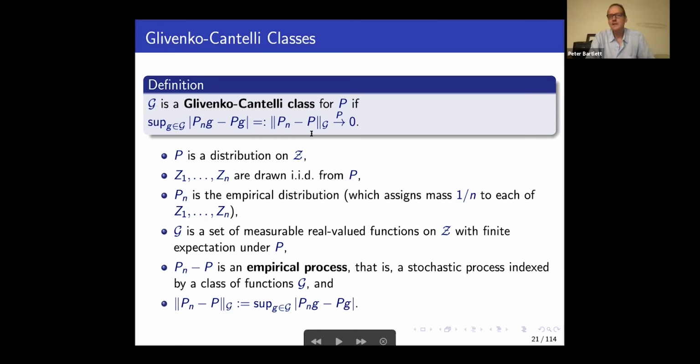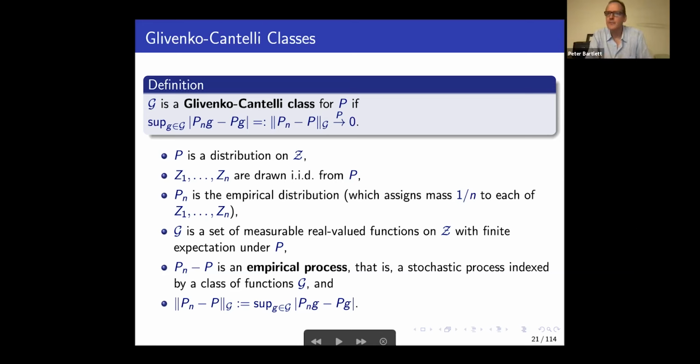Pn minus P is an empirical process. So as I say, a stochastic process that's indexed by a class of functions G. Think of that as a mapping that takes you from a function in G to a random variable. And what we're interested in is somehow the size of that empirical process as measured by this kind of norm. It's the maximum over G of the absolute value of that random variable, right? The thing that is the deviation between sample averages and expectations.